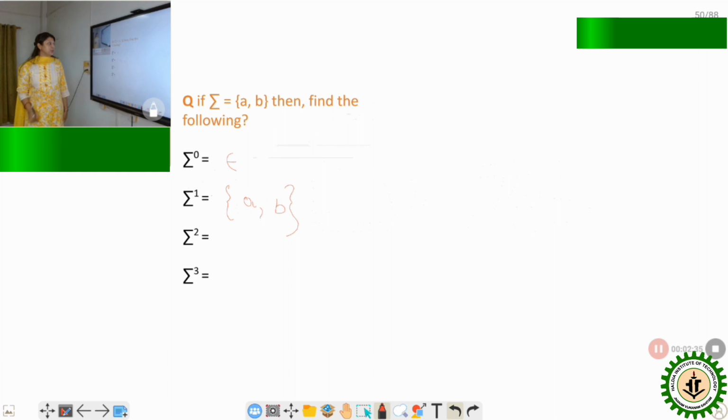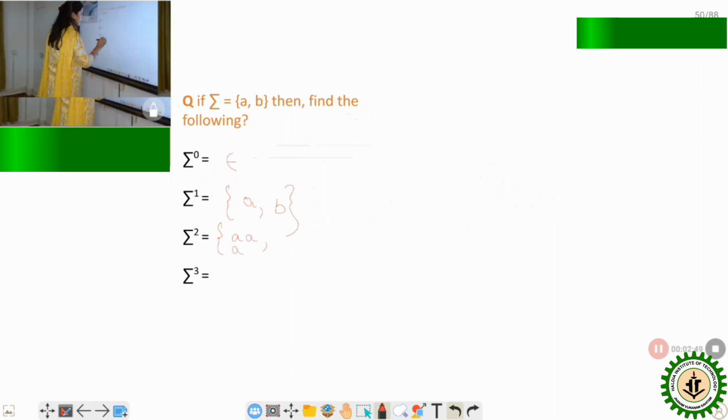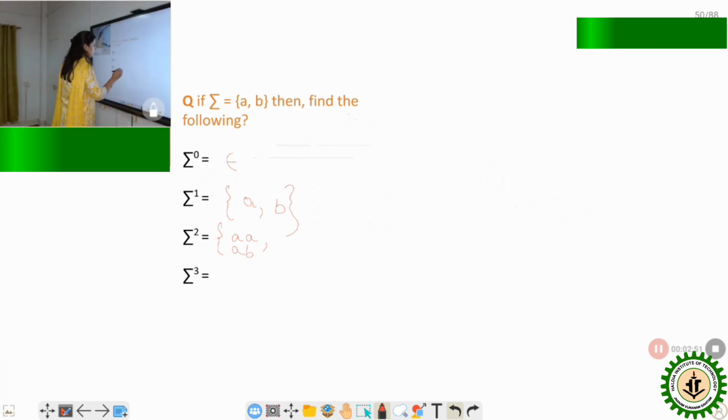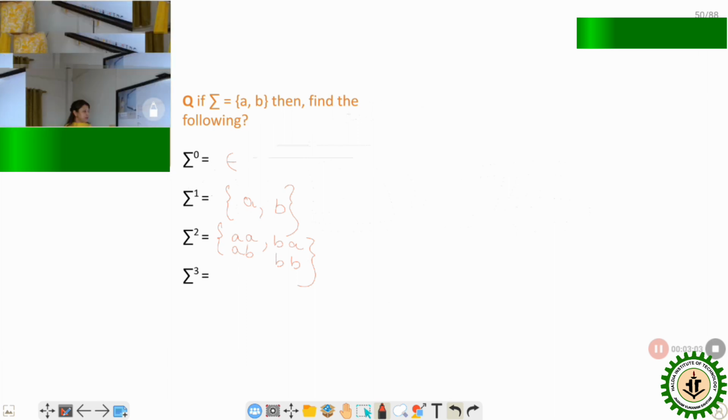Sigma to the power 2 means the set of input symbols of length 2, that means AA, AB, BA, and BB. Okay, then sigma to the power 3.